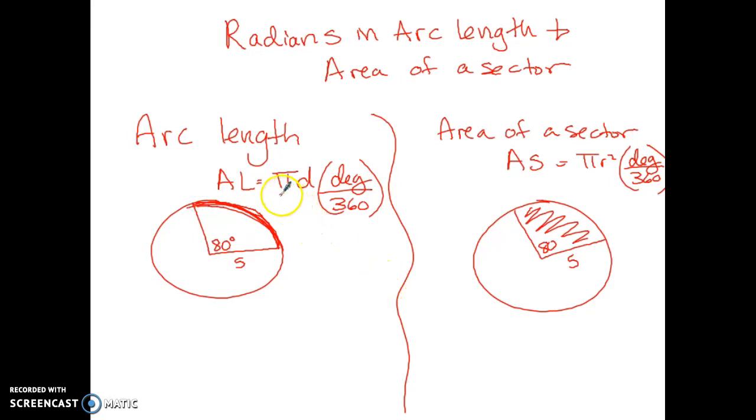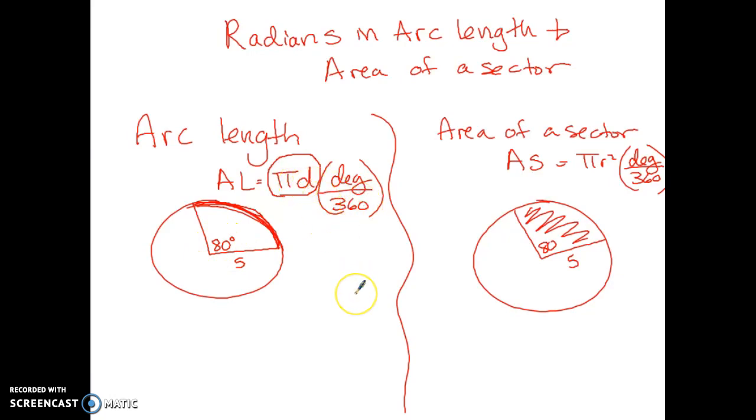So the circumference formula is pi times diameter. And because I'm only finding part of the circumference, I need to say how much I want to find. So in this problem, I would do pi times 10, because the radius is 5 and the diameter is 10, and the degrees that I want is 80 out of 360.